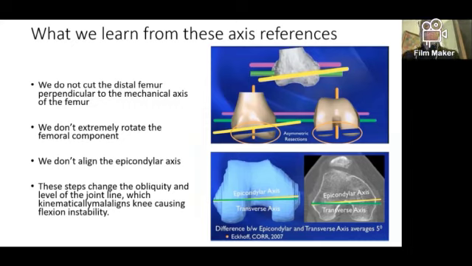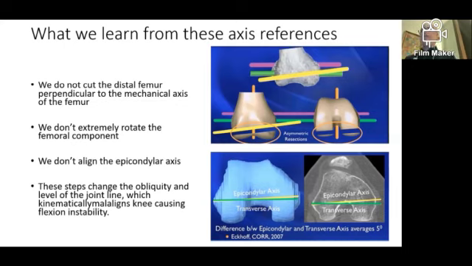Then what we learn from these three axes: we do not cut the distal femur perpendicular to the mechanical axis of the femur, which is the yellow line here. We don't extremely rotate the femoral component. The rotation will be affected by the size of the cut that we have. We don't align the epicondylar axis. Why?